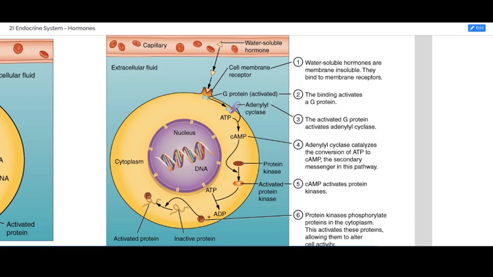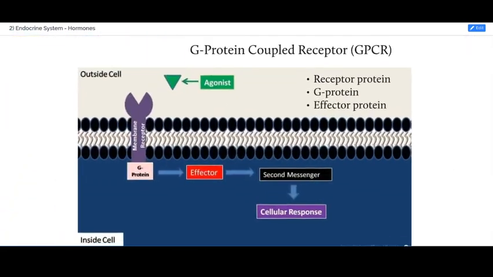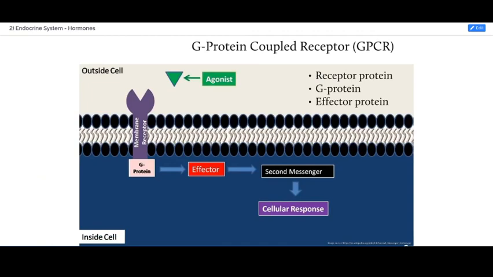So there's a lot of variety in what can happen here. The adenylyl cyclase example is used because it's probably the most common type of effector protein in these sorts of receptor complexes. This figure does a good job of giving a very general impression of what this water-soluble hormone type receptor is.